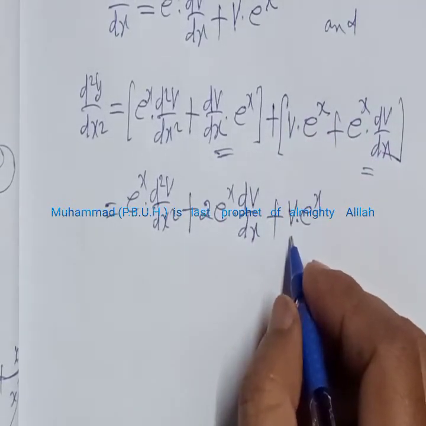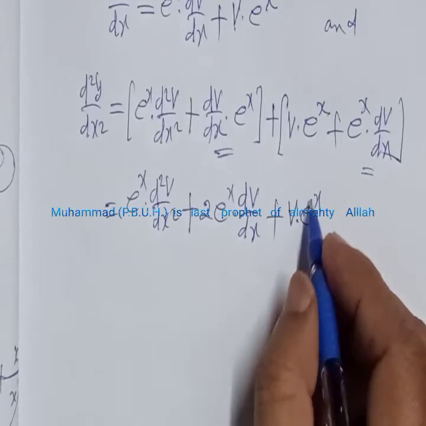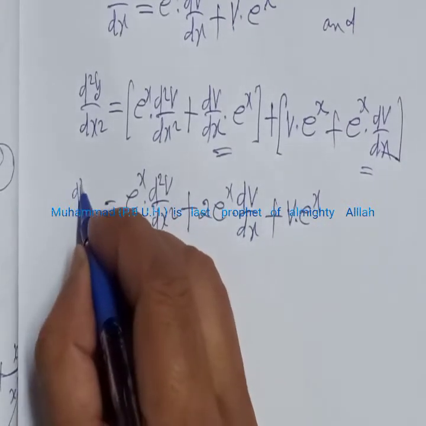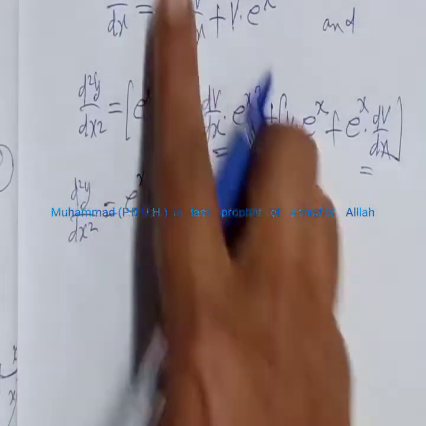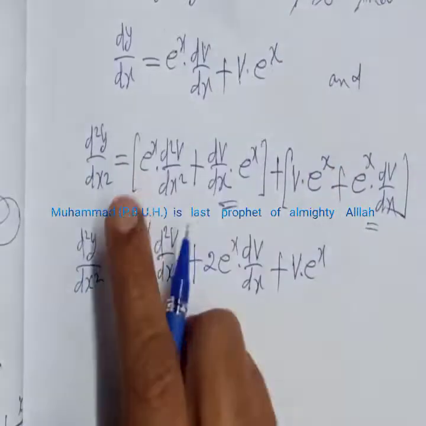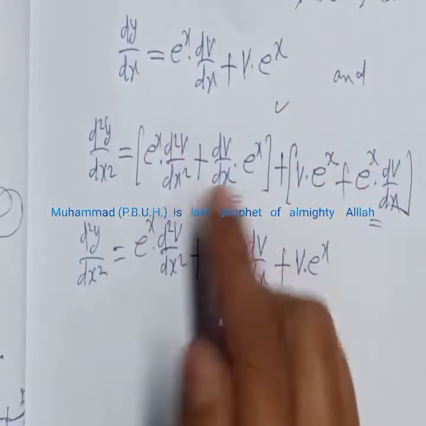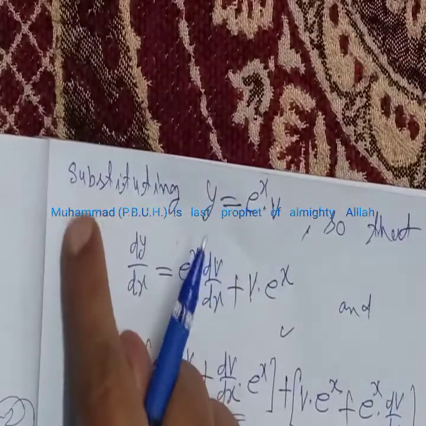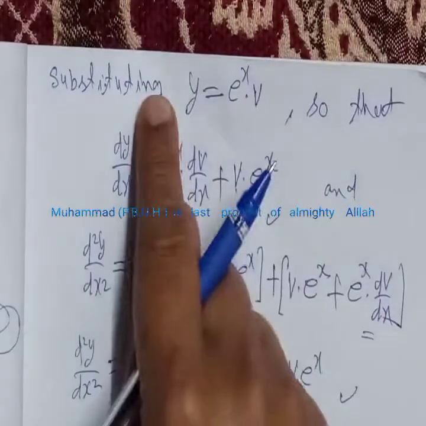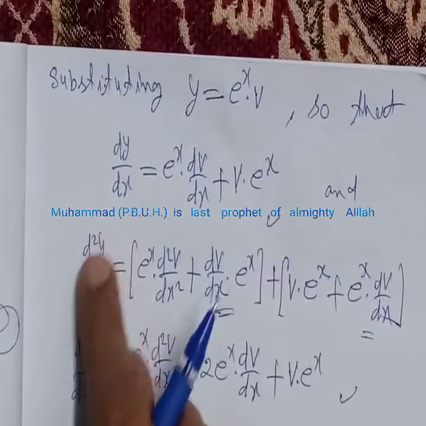So we are able to put these three values of y, dy over dx and d2y over dx square in equation number 1. We write here: substituting this value and this value in equation 1.